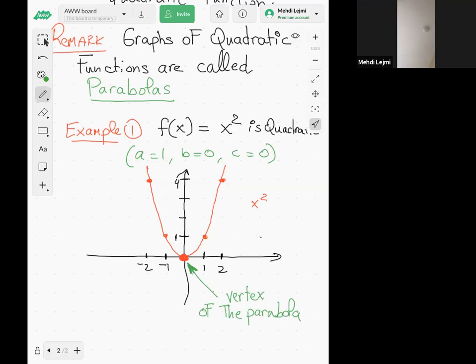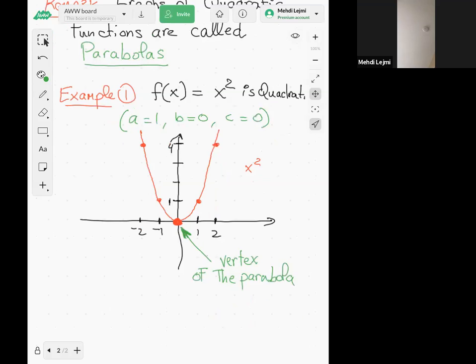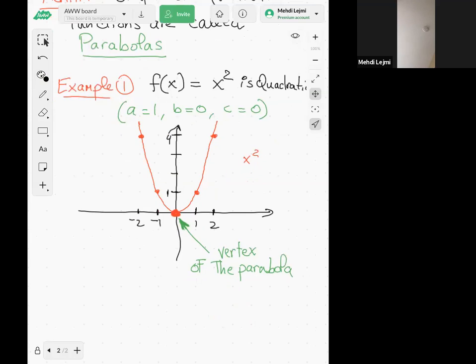Another remark about this graph is that this parabola opens up.